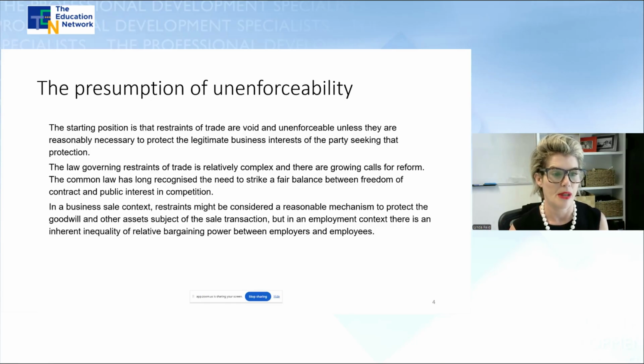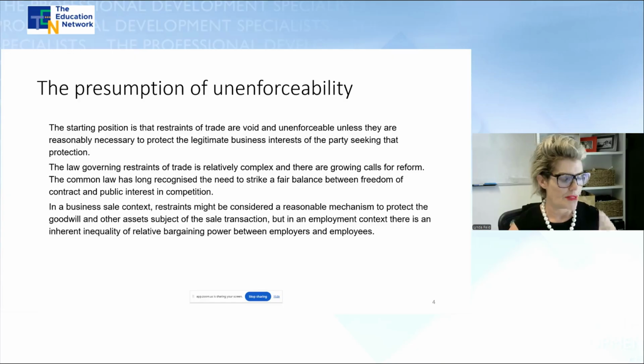There aren't similar reforms being called for in places like Singapore or Hong Kong, which is a lot of the time where cross-border transactions might be occurring or competition for talent might be emerging. But the common law has long recognised the need to strike a fair balance between the freedom of contract and public interest in competition.